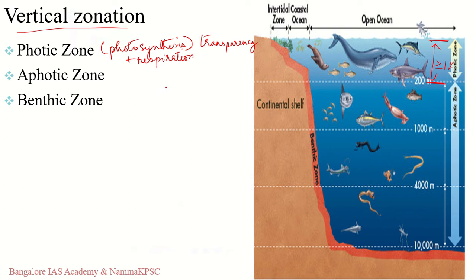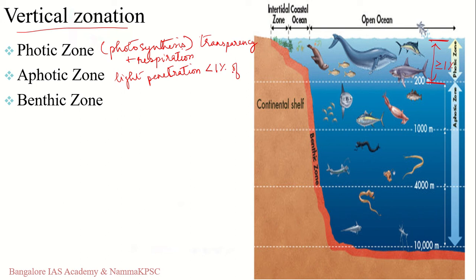Now moving over to the aphotic zone. The aphotic zone is the lower layer of the aquatic ecosystem, where light penetration and plant growth are restricted, meaning the amount of sunlight able to penetrate to this depth is less than 1% of the sunlight received along the surface.